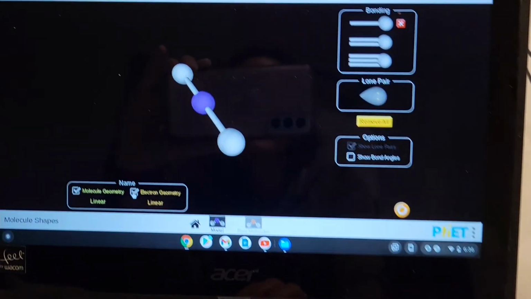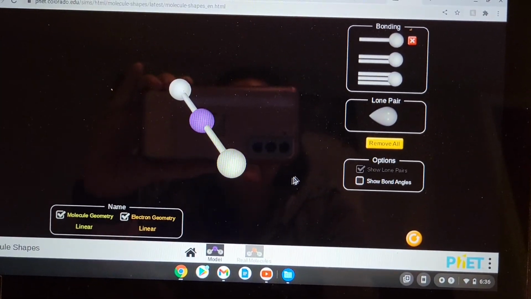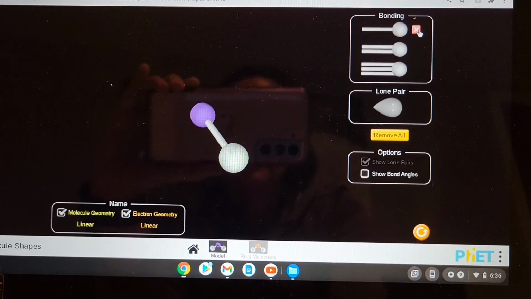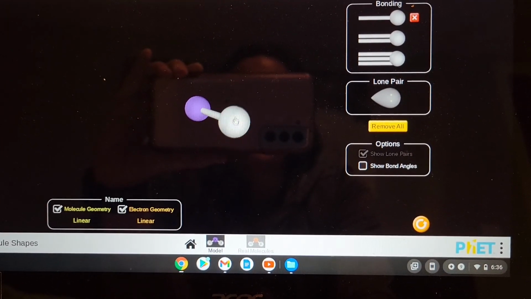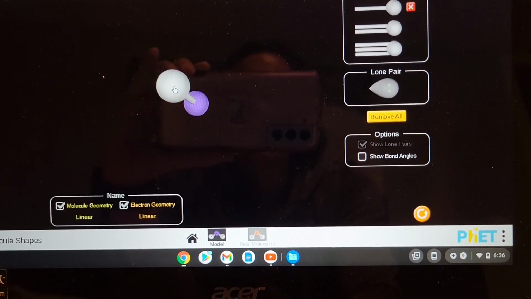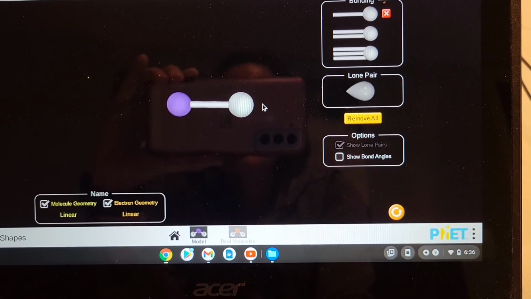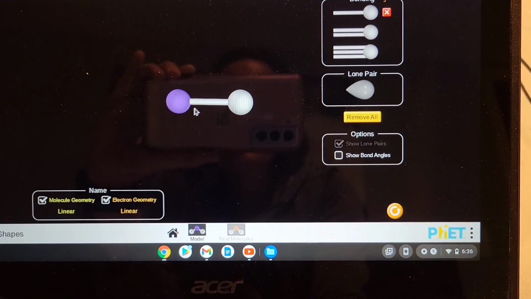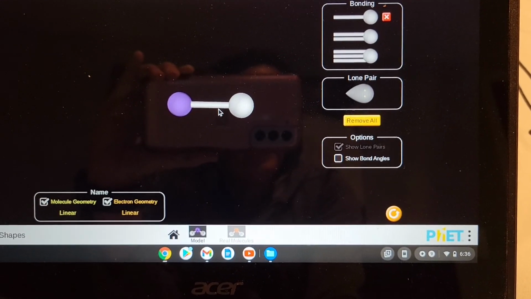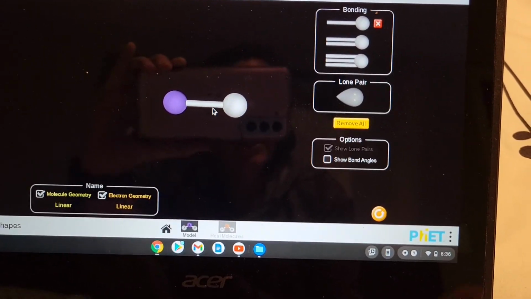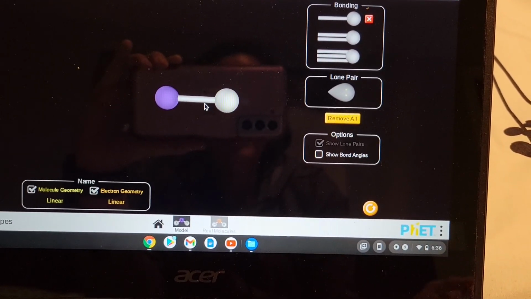So I'm going to go back up to here. I'm going to take off one of these, so I'm going to check this X up here. Now I can rotate that around and see what it looks like. I have my central atom, which is the purple one, and it has 1 domain, 1 bond on the center atom. There aren't any unshared pairs.